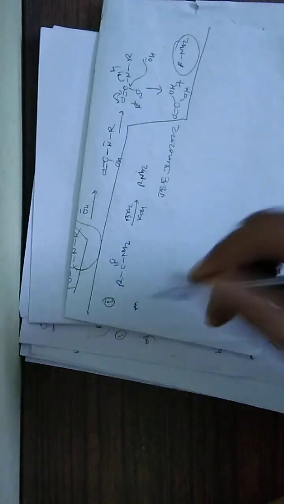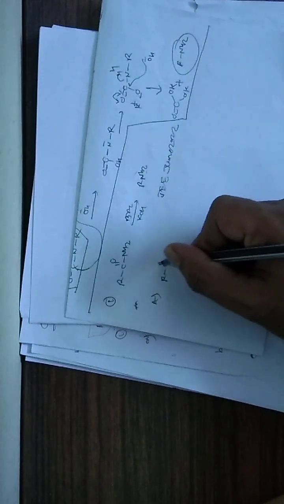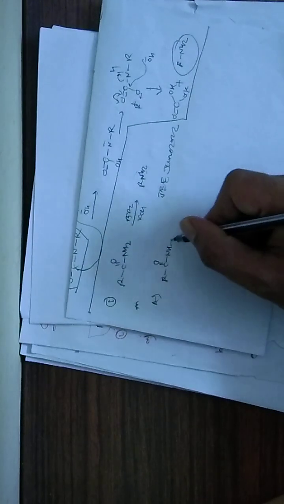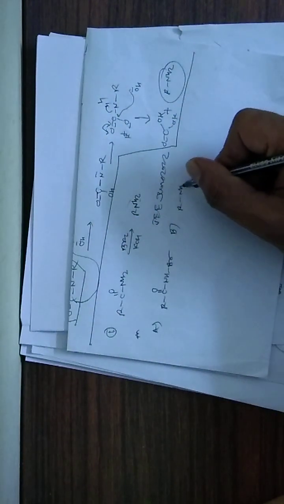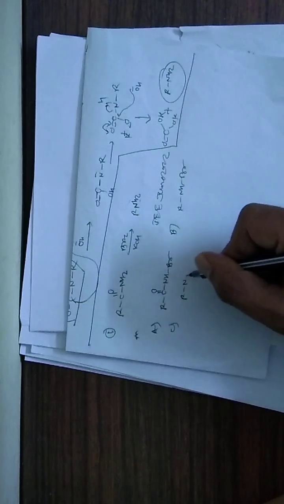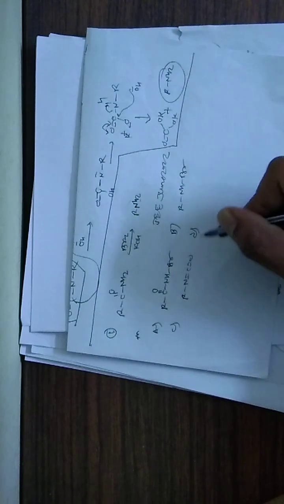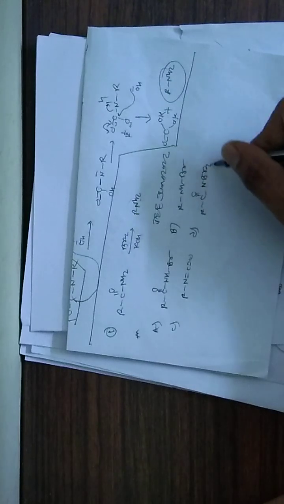Here the first option is RC double bond ONHBr. Second option is RNHBr. Third option is RN double bond C double bond O. Last option is RC double bond O NBr2.